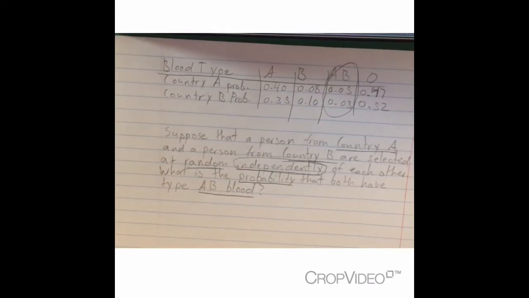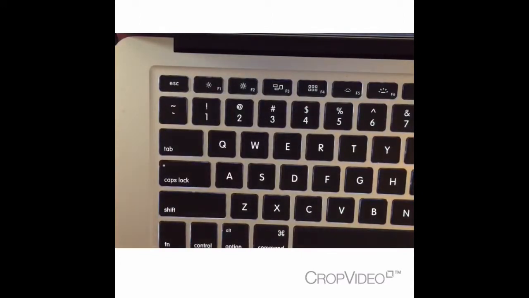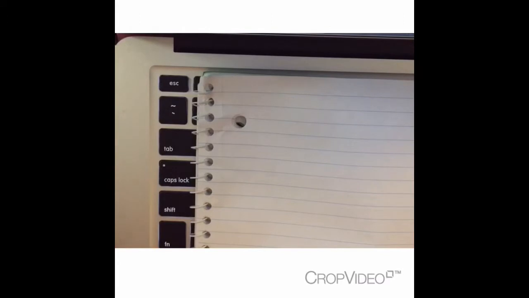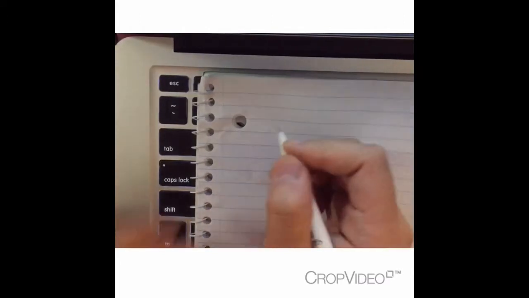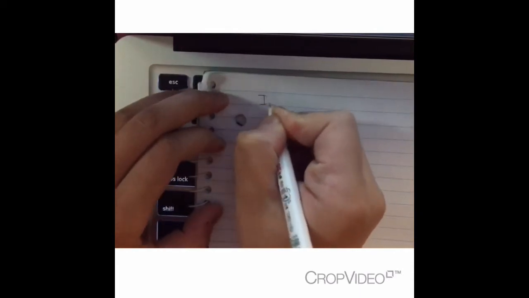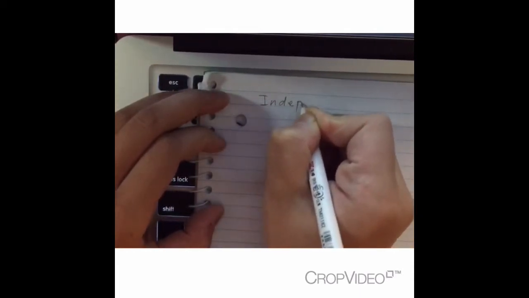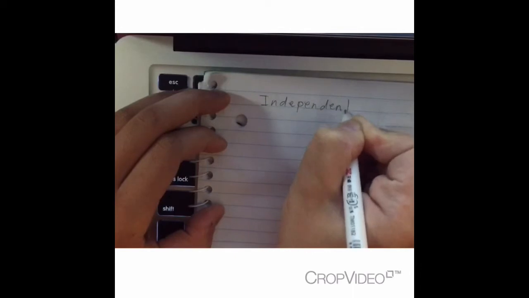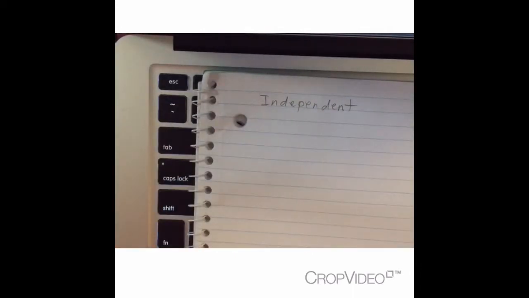Right now I will define for you what it means to be independent, what are independent events versus disjoint events. Our first concept is independent. So, what does it mean to be independent?